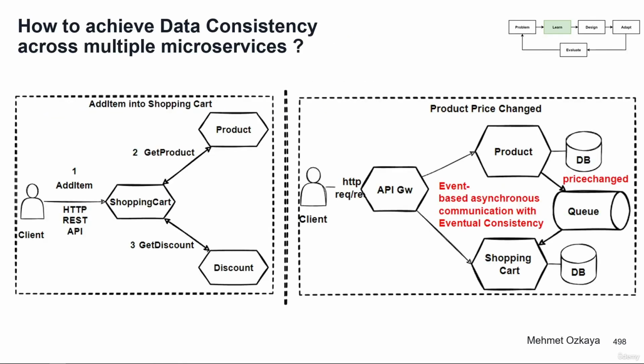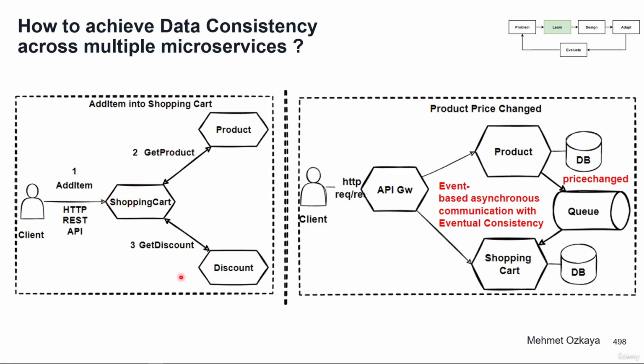It is good to tackle this question with a real-world example. You can see the picture on the slide that explains an example of this problem in microservices. As you know, we have product and shopping cart microservices in our e-commerce application, and as the picture explains, we are performing two different use cases here. The product microservice holds information about product items. When a user adds an item into the shopping cart, the shopping cart's product item information includes the product price, and that price is recorded when the user adds the item.